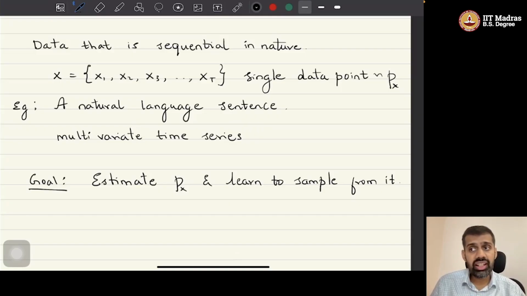Now for data that has this particular type of topology, which is a sequential nature, the kind of underlying model that is used to model px is a little different, and one of the families of models is called the auto-regressive model. Recall that we have used multiple formulations for p theta.